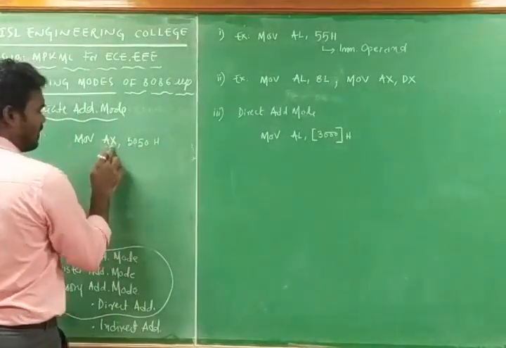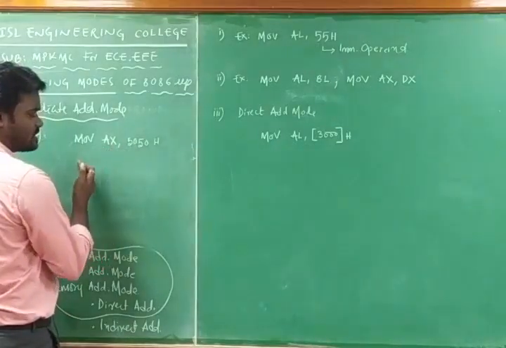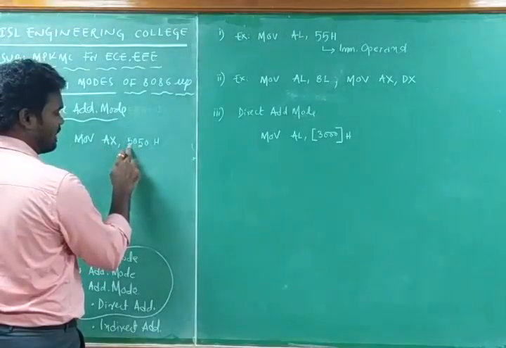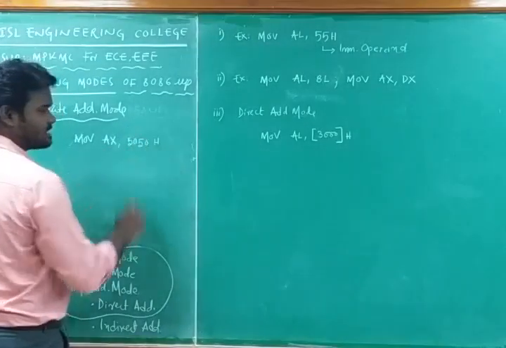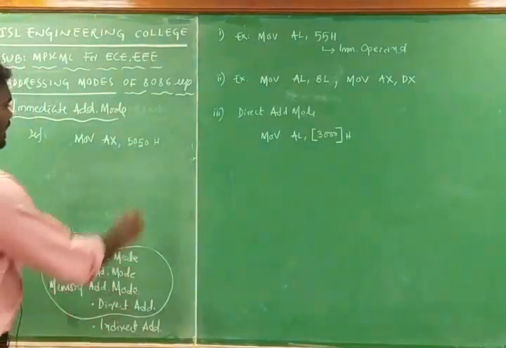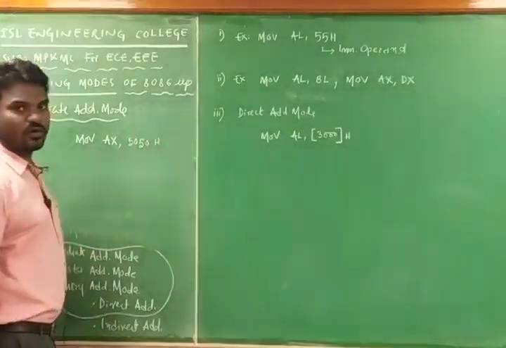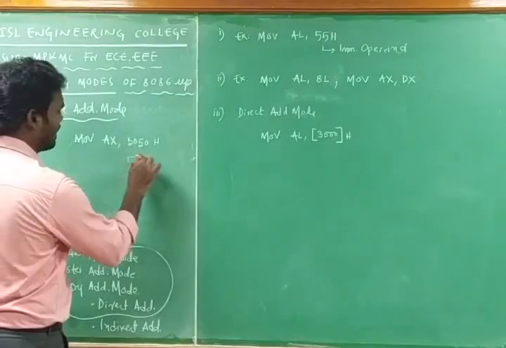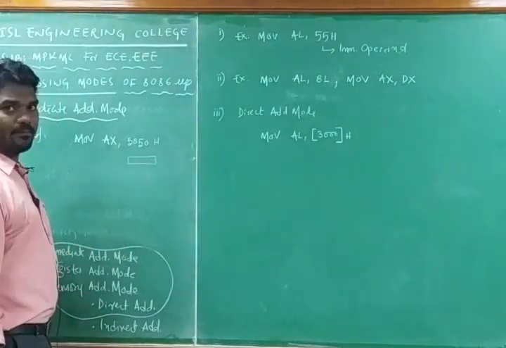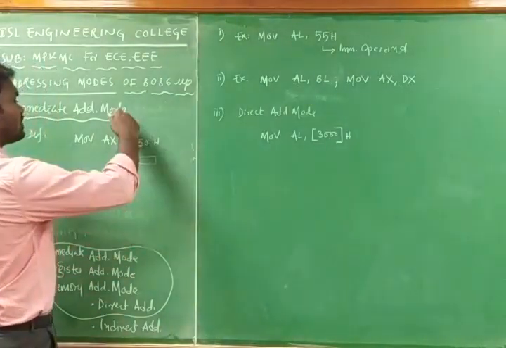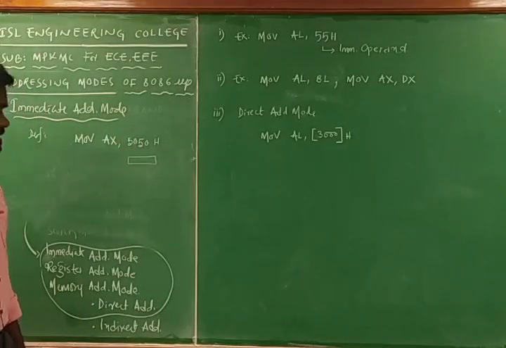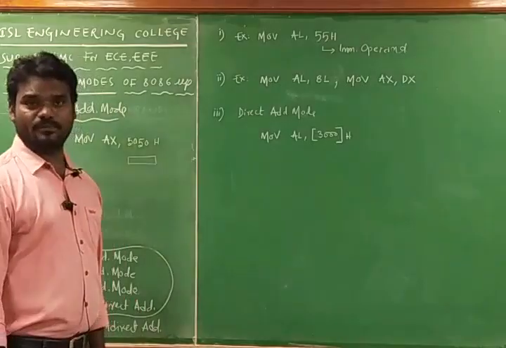Now it can allow the 16 bits of data, and this is also 16 bits, it has 4 hexadecimal digits, and each digit can be replaced with 4-bit binary. It has 4 digits, 4 into 4, a 16-bit binary number, and it will be moved into the register called AX. AX is the accumulator register, which is 16 bits wide.